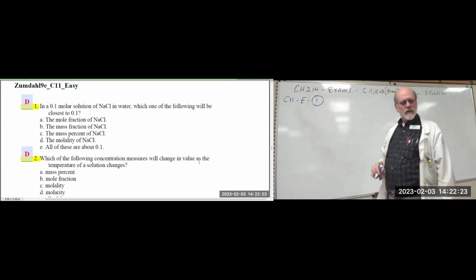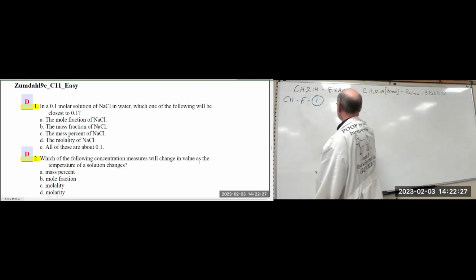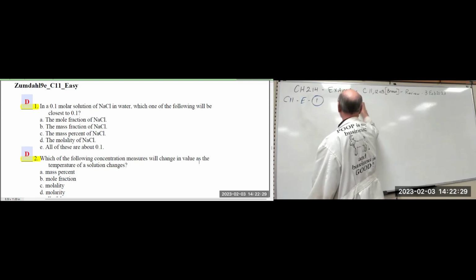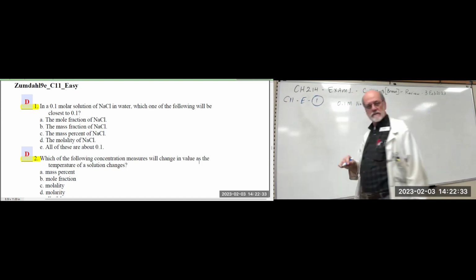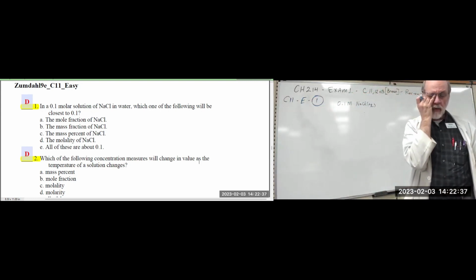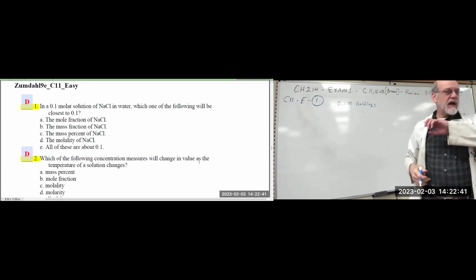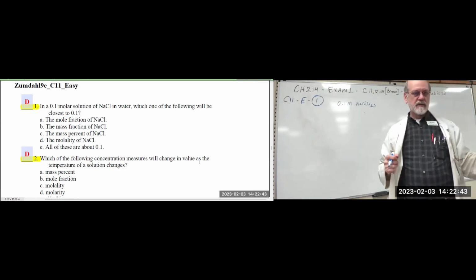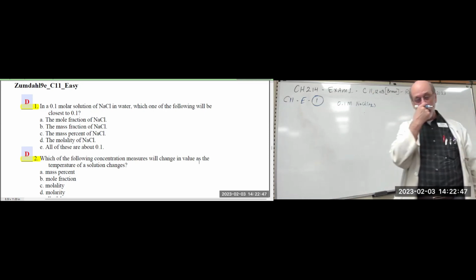In a 0.1 molar solution of sodium chloride in water, 0.1 molar sodium chloride aqueous. All right. Which one of the following will be closest to 0.1? We can go through and calculate every one of these: mole fraction, mass percent, and molality.